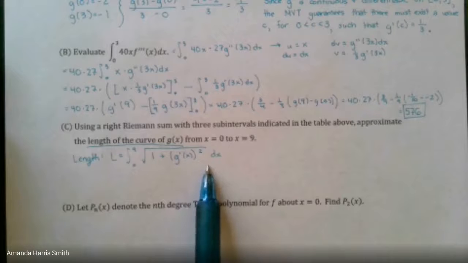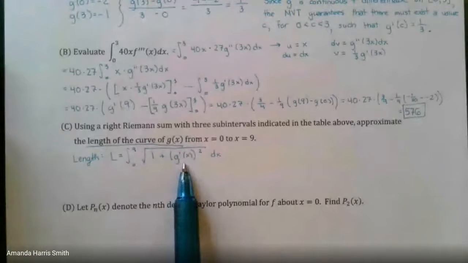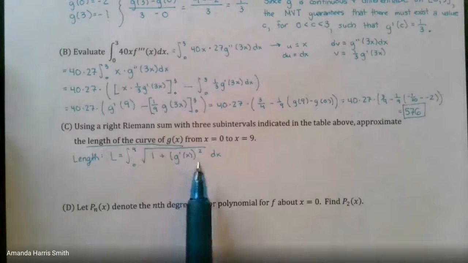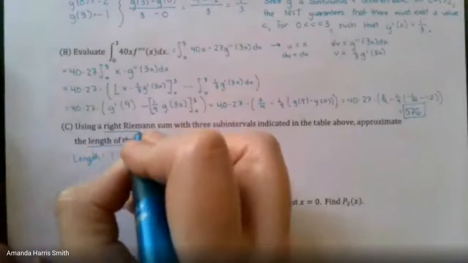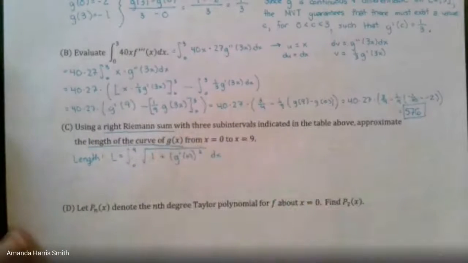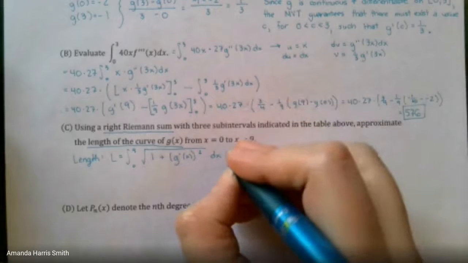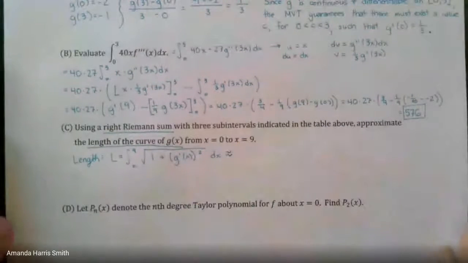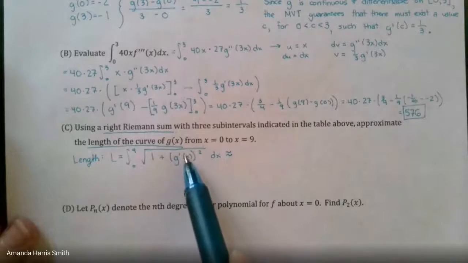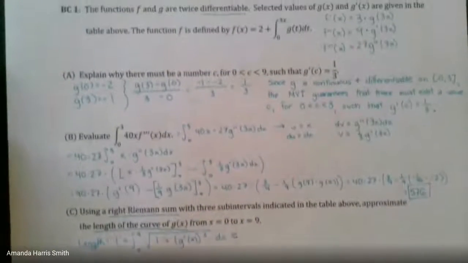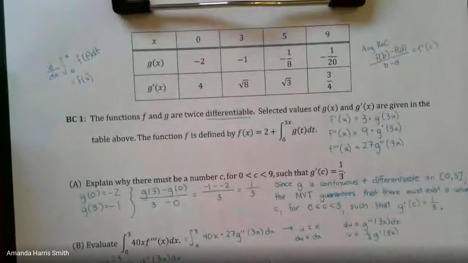Now, that g prime of x, that's what we're going to be using these right Riemann sums for. Now, when they say right Riemann sum, that is the right-hand rectangular approximation method, and that's where the table is going to be coming in. Okay, so here's what we are going to do. Switch back up here.